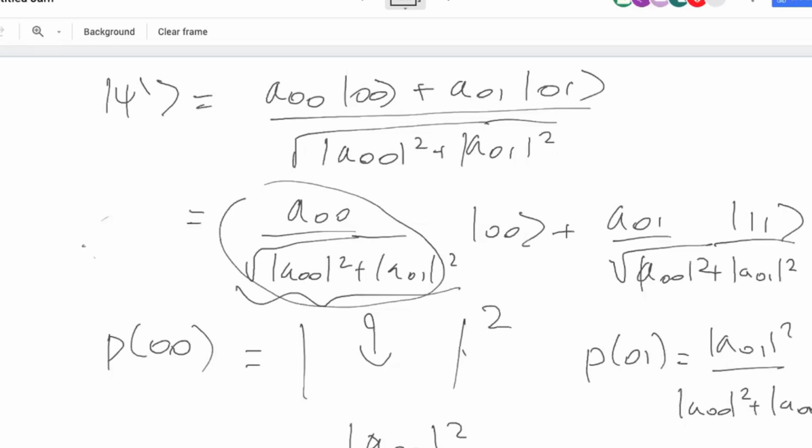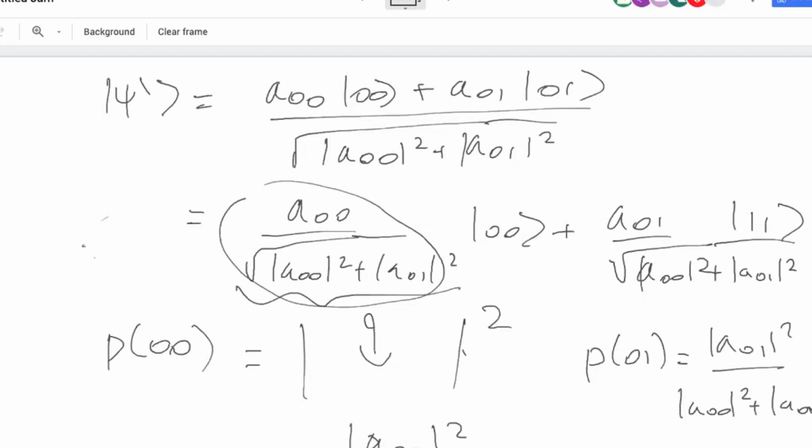A natural question is, do I really have to measure both qubits? I could envision preparing 2 qubits separately. It's a valid state of 2 qubits, but then I only want to measure one of them. So my theory should be able to explain what happens then.